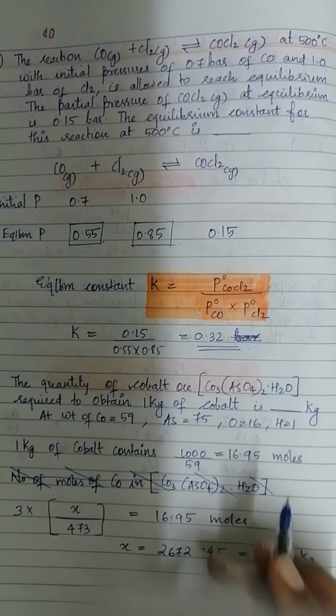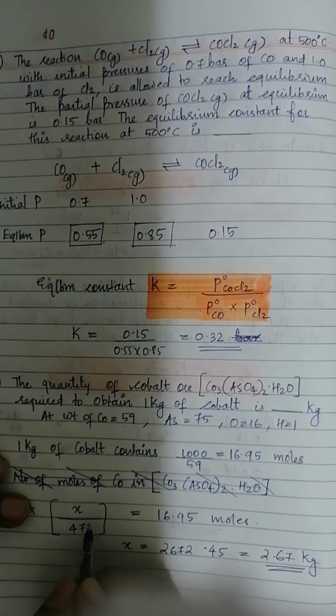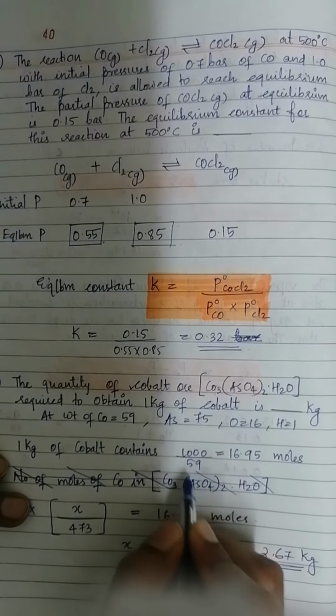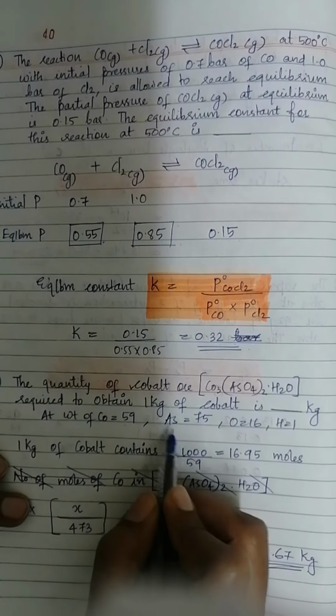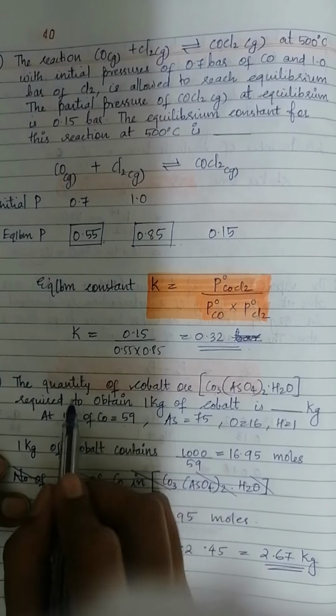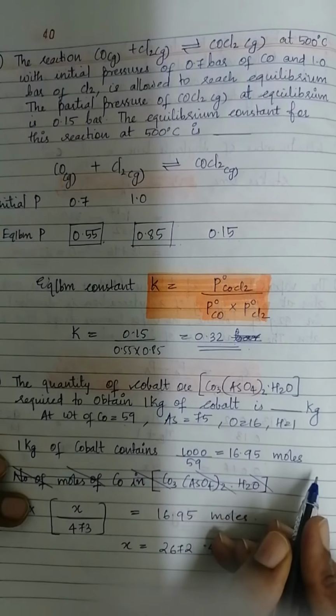So the number of moles of the ore will be, again the same formula, mass in gram by gram atomic mass. Now in this question we have to find the mass in gram, or the quantity of the ore, to get 16.95 moles of cobalt.